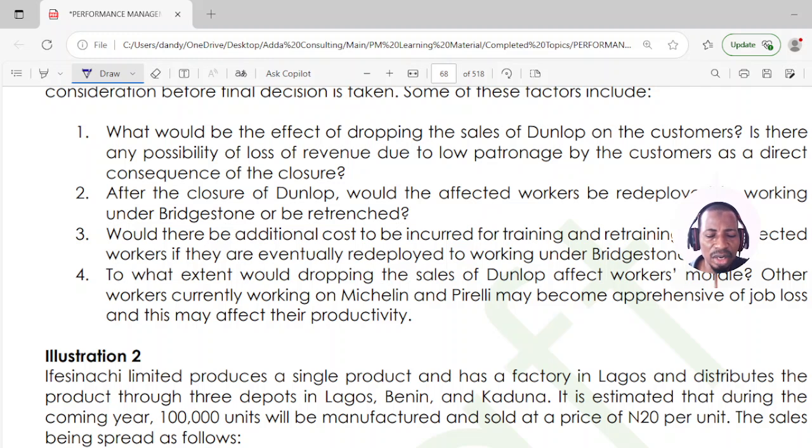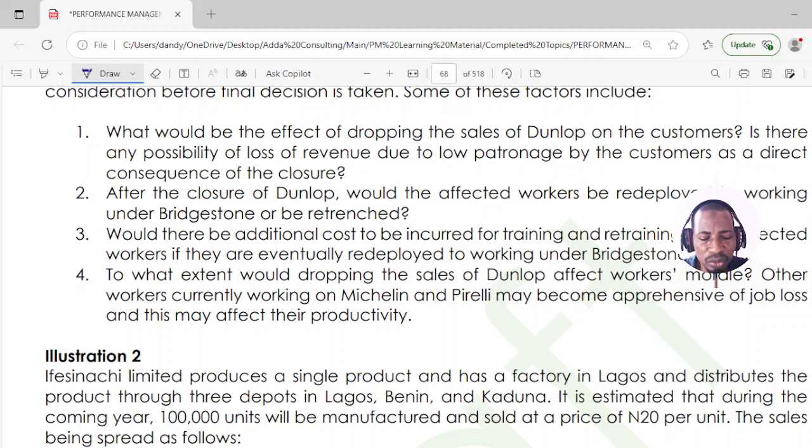Then number three, would there be additional costs to be incurred for training and retraining of the affected workers if they are eventually redeployed to work under Bridgestone? So if you decide to redeploy the current workers that are operating under Dunlop, will the company incur additional cost for training and retraining those staff for them to be able to operate the machine under Bridgestone?